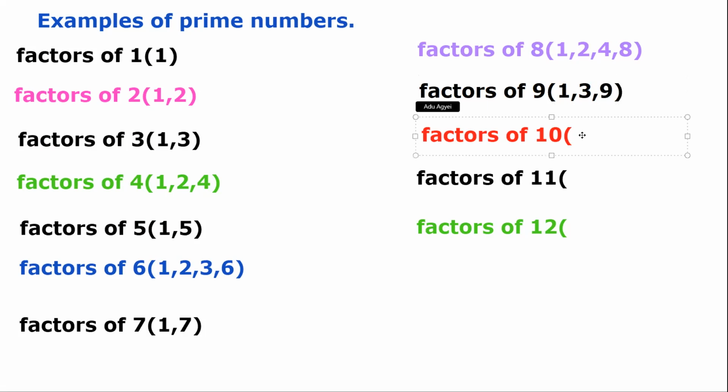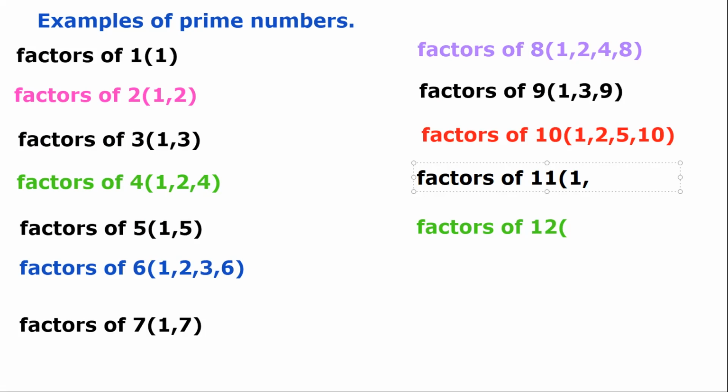Let's see the factors of 10. 1 can divide 10, 2 can, 3 cannot, 4 cannot, 5 can, 6 cannot, 7 cannot divide 10, 8, 9, and then 10 is okay. Good. Factors of 11. 1 can divide 11.